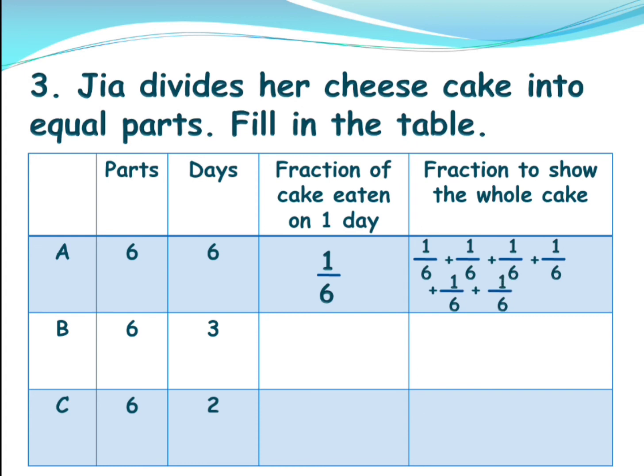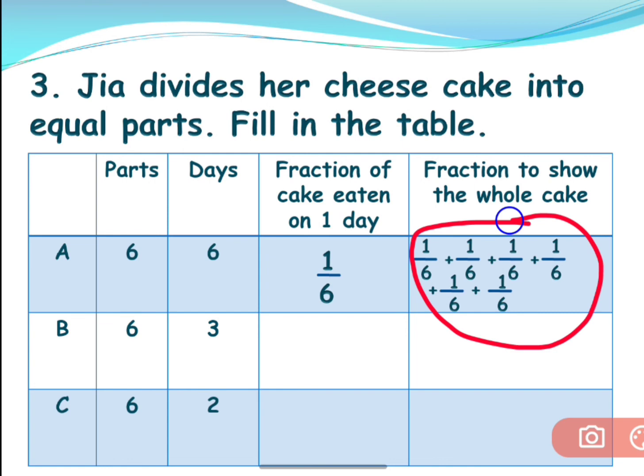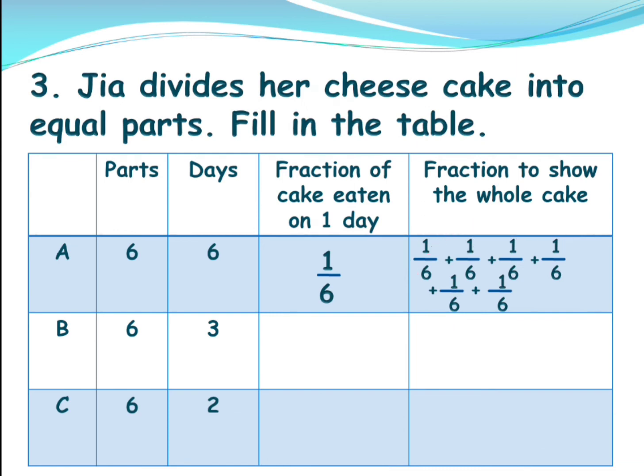Now if you see, these are like fractions, isn't it, children? They all have the denominator 6. So if you directly add the numerators, 1 plus 1 is 2, 2 plus 1 is 3, 3 plus 1 is 4, 4 plus 1 is 5, 5 plus 1 is 6. So it is 6 by 6, which is nothing but our whole fraction of the cake.